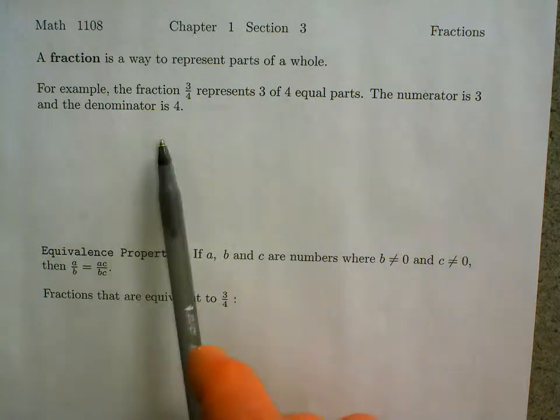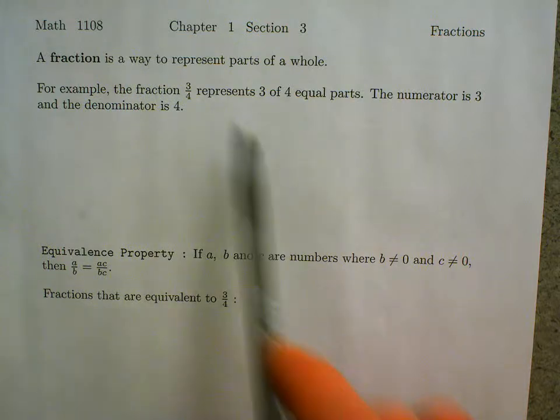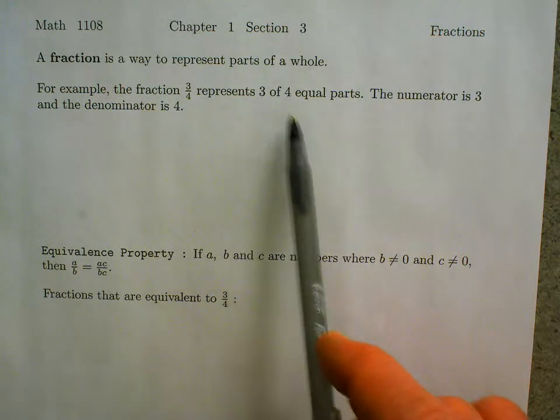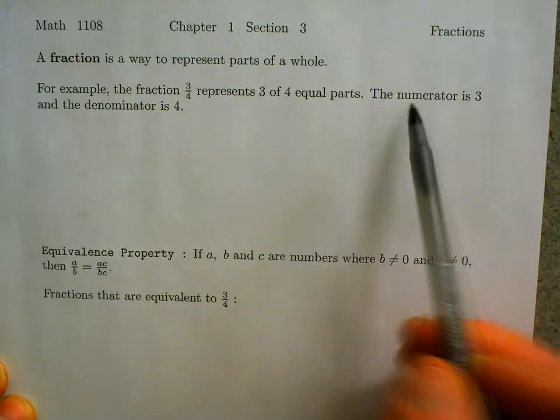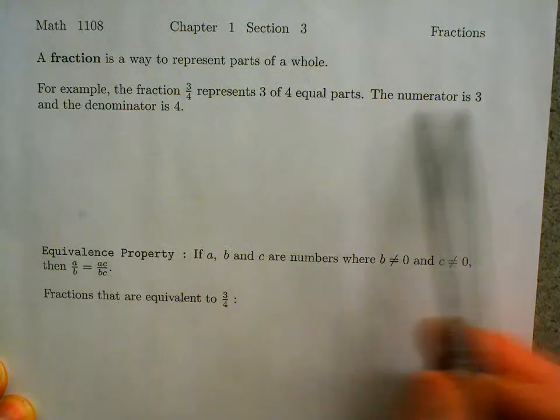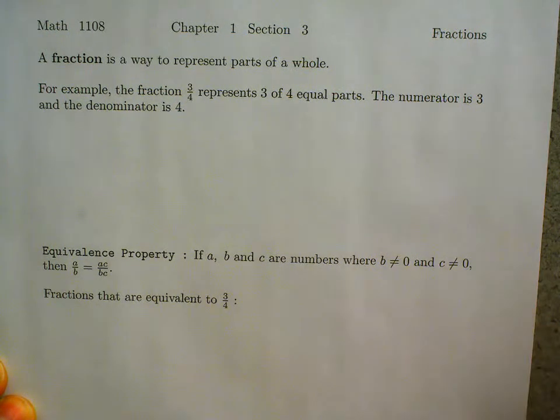For example, the fraction 3/4 represents 3 of 4 equal parts. We refer to the number on top as the numerator, and the number on the bottom is the denominator.